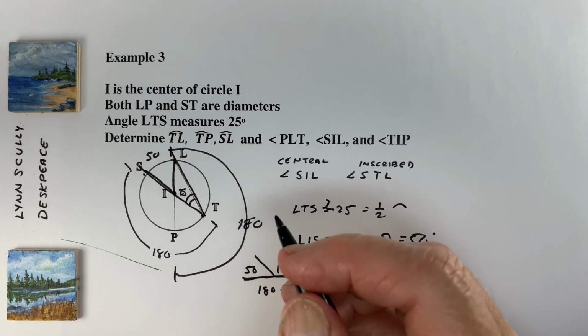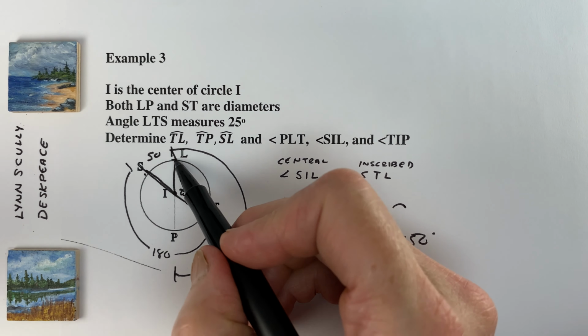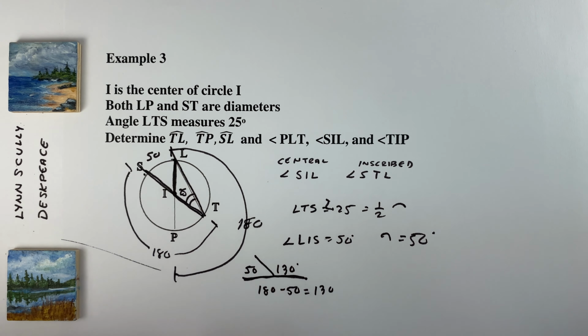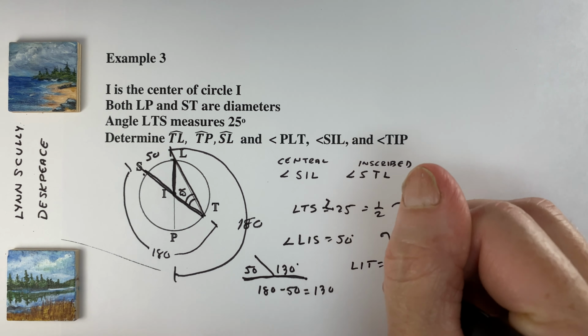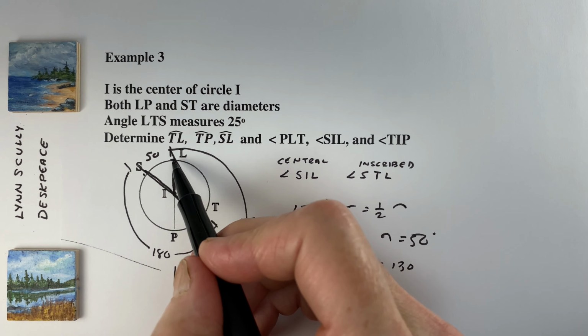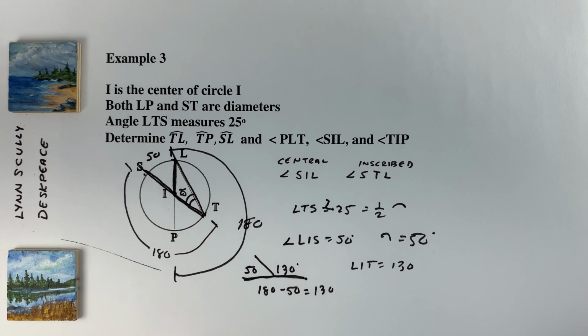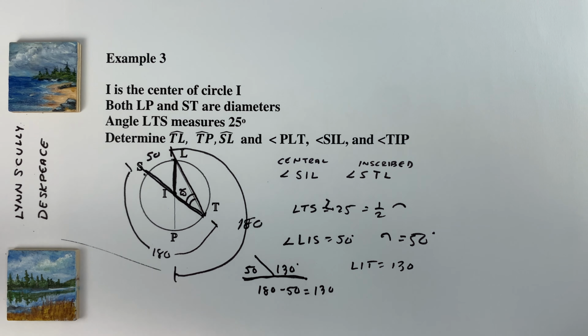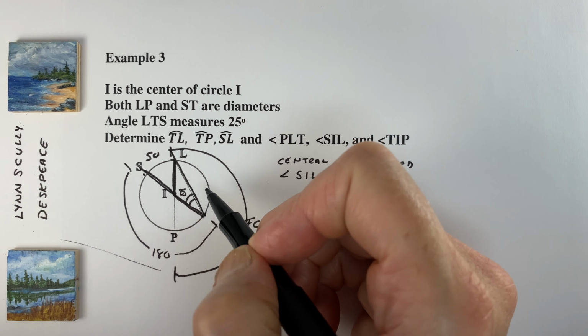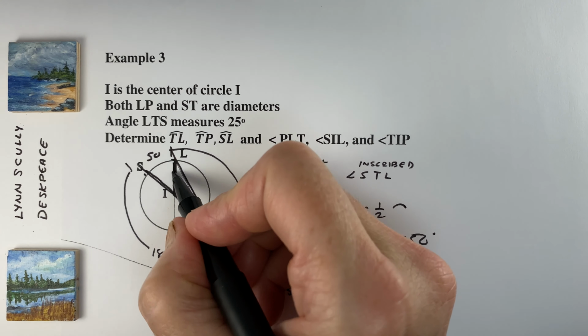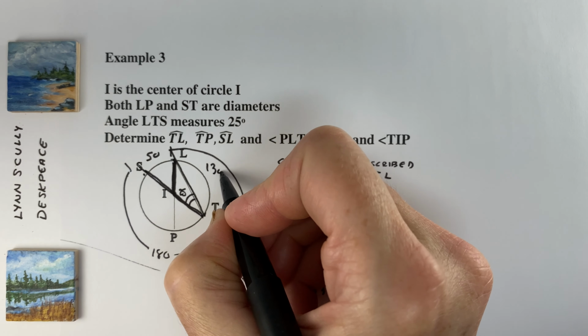That would be this angle, LIT. I'll write it here, it is 130, which is not, by the way, LTS, which we found out was inscribed. Okay, so then arc LT would be 130 degrees.